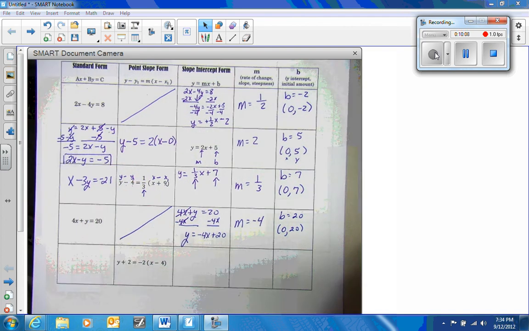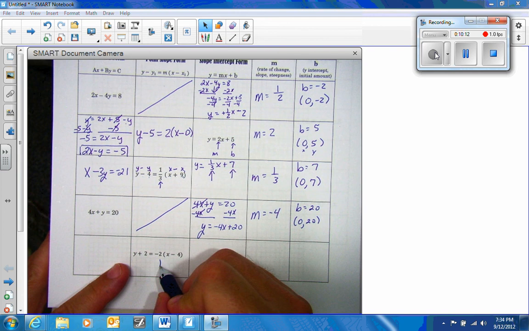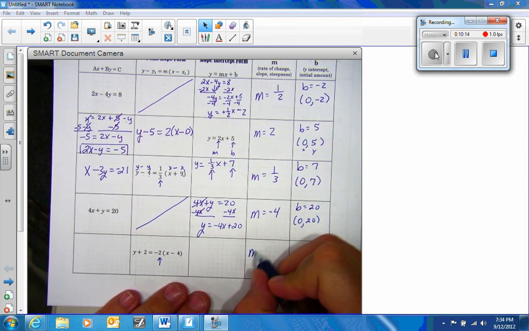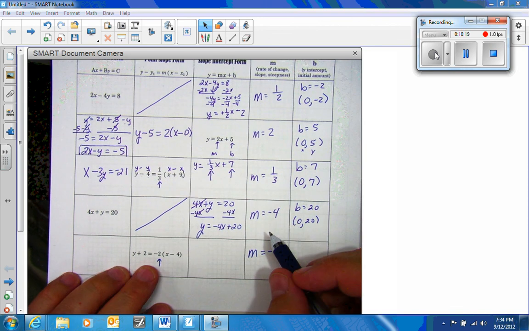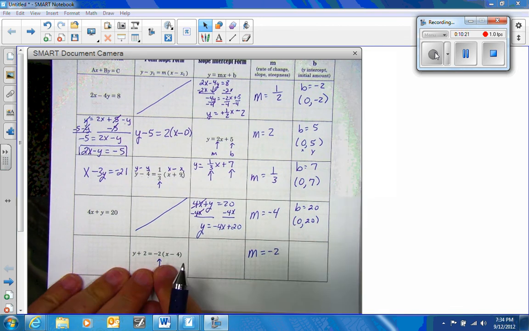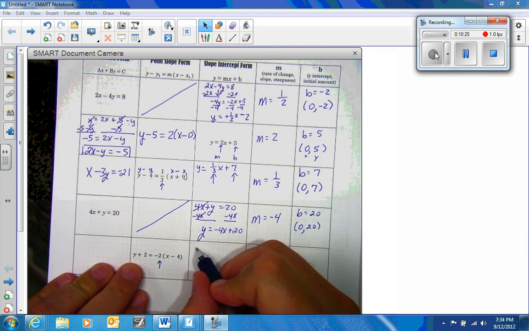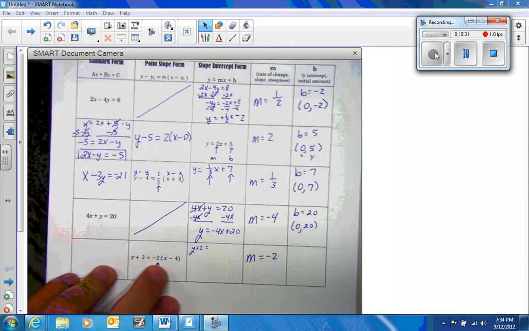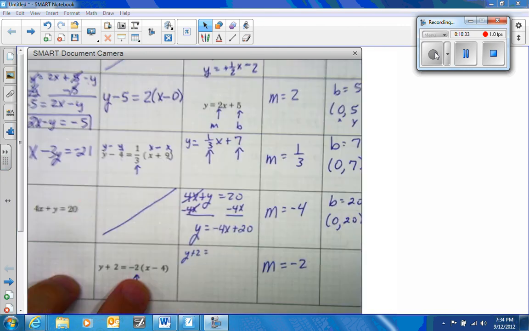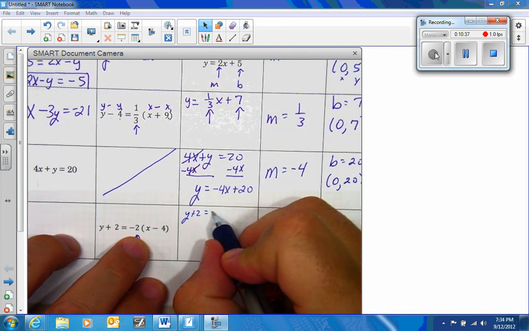All right, the last one that we're going to do is this one. Notice my slope is negative 2. I'm going to go ahead and put that in. m equals negative 2. Well, what I can do is solve. I'm going to distribute this. So I get y plus 2 is equal to, and I'm going to distribute the negative 2. So I get negative 2x.